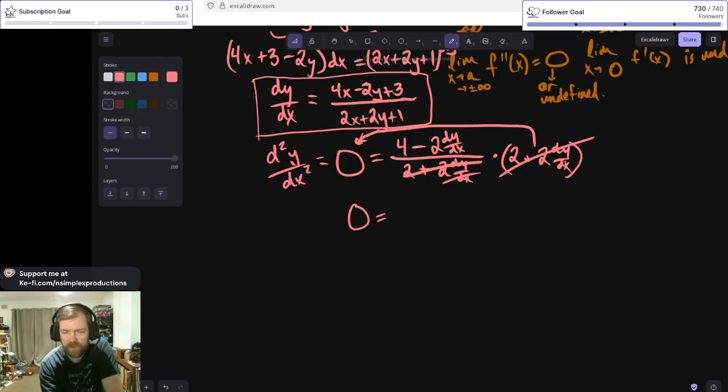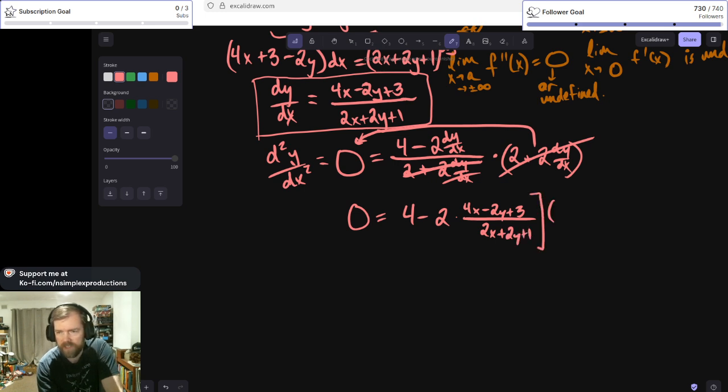So 0 is equal to 4 minus 2 times this, (4x minus 2y plus 3) over (2x plus 2y plus 1). Multiply both sides, still 0, by 2x plus 2y plus 1.